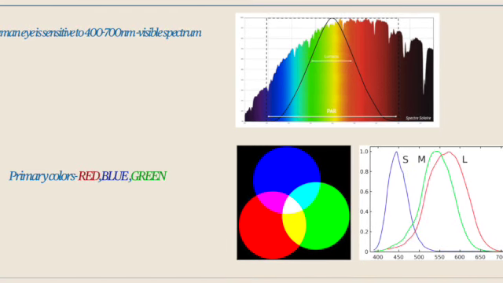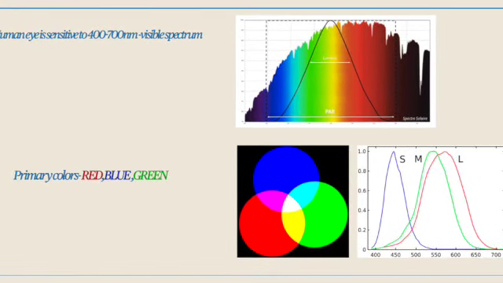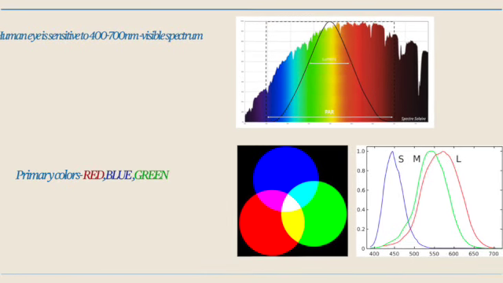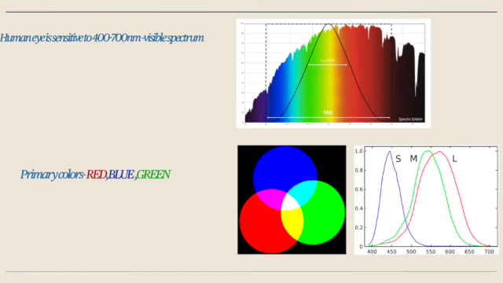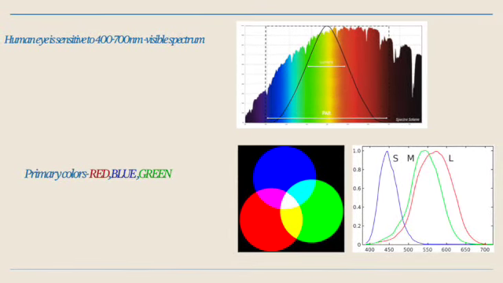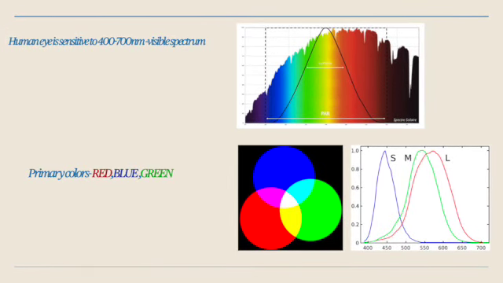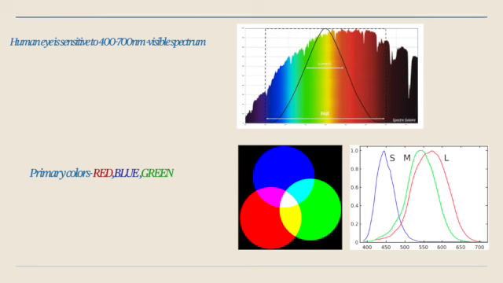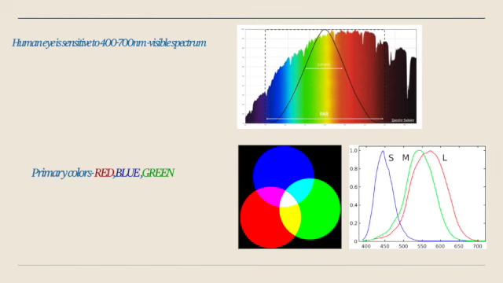Primary colors are three colors: red, blue, and green, where we can make all other colors with a mixture of these three colors. Even inside the retina, the cones are also of three types, which are sensitive to these three colors. And we can see other colors by the mixture of these three colors, as can be seen from this spectrum.